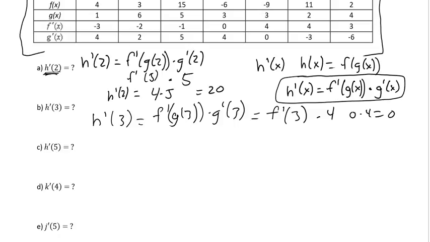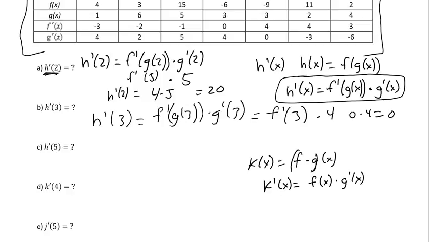Now k of x is f times g of x. So I've got to use the product rule. To find k prime of x, it would be the first times the derivative of the second, so f times g prime, plus the second times the derivative of the first, which would be f prime. So if I'm going to do k prime of 4, it would be f of 4 times g prime of 4 plus g of 4 times f prime of 4.